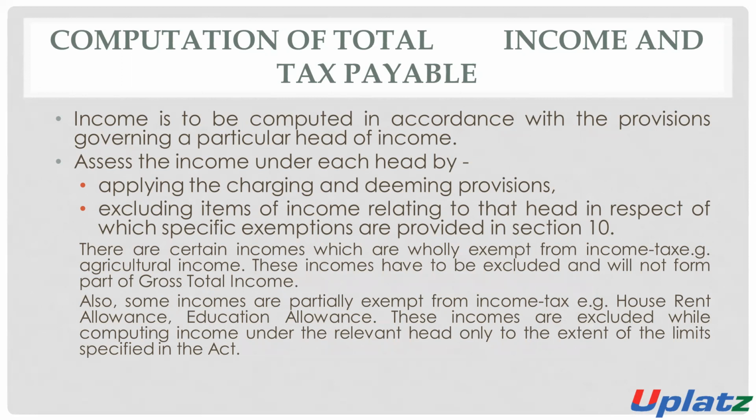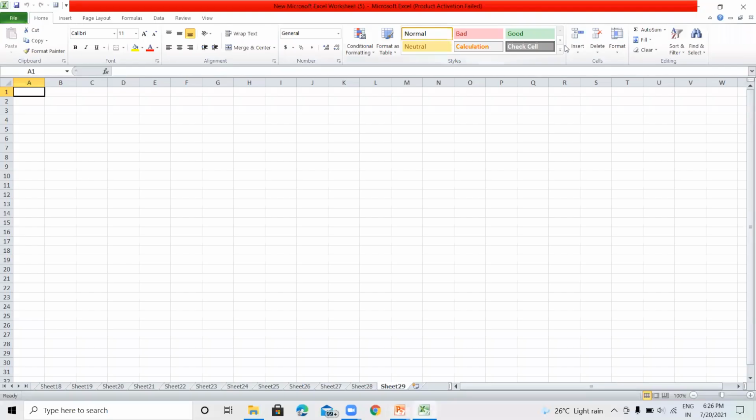In the case of salary, first we will calculate the amount which will be taxable under the head of salary. For example, Mr. Ram earns a salary. He received, for example, 6 lakh rupees as salary. Now such a total amount will not be taxable.